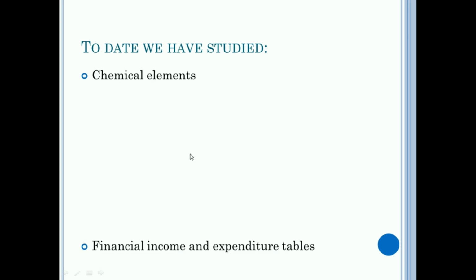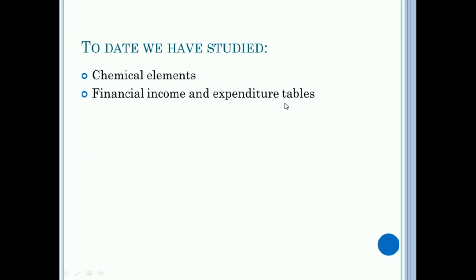Well, to date, we have just begun this study, and we have studied chemical elements. We've studied financial income and expenditure tables from the Bureau of Economic Analysis, international profile data on all countries from the World Bank.